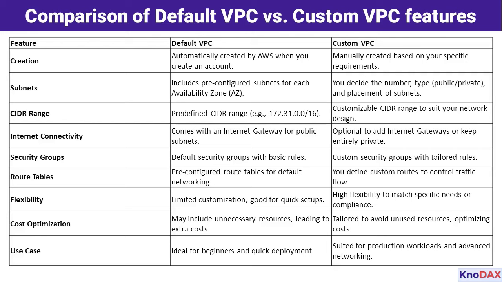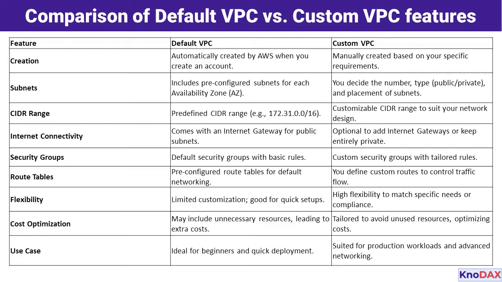Internet connectivity. Default VPCs include an Internet Gateway for public subnets, ensuring all instances have public Internet access. In a custom VPC, adding an Internet Gateway is optional, allowing you to create private-only networks if needed. Security groups. Default VPCs provide basic security groups with standard rules.